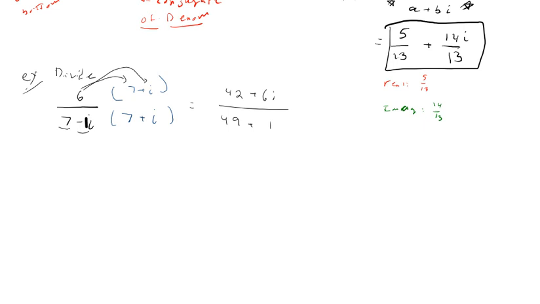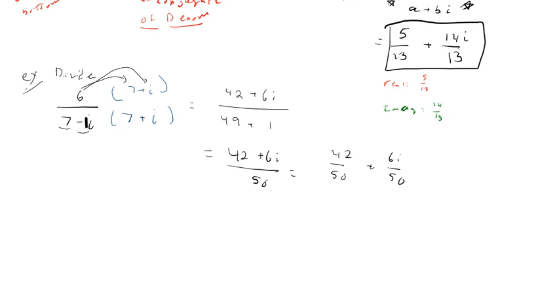And when I split my answer, I get a 42 over 50 plus a 6i over 50. Very good. Am I done with this problem? Kind of. I can go a little further. Again, this is not even my final form. I can reduce, simplify, and I will always want you to simplify to the lowest possible number.